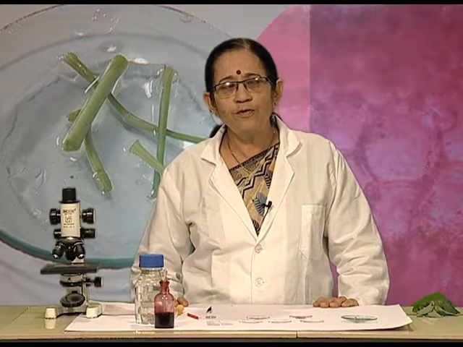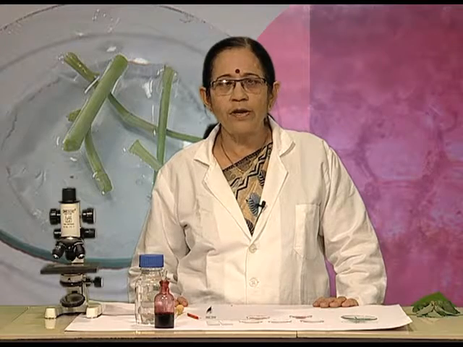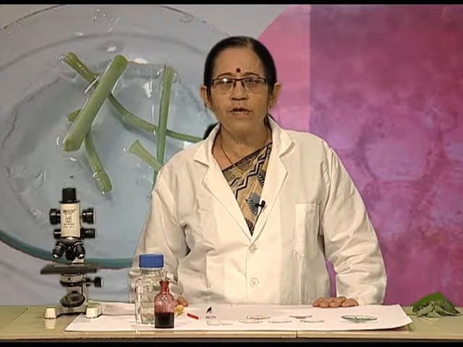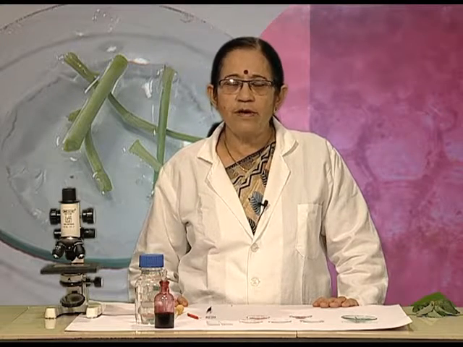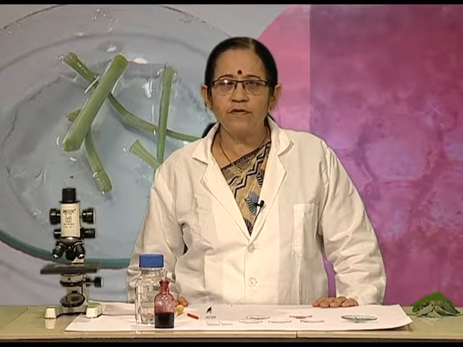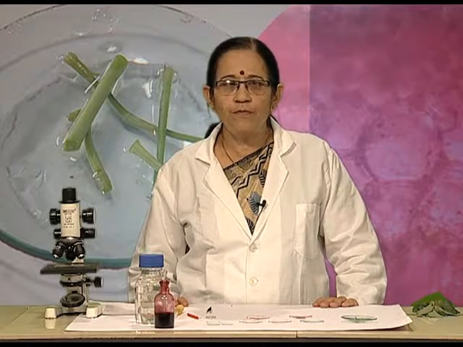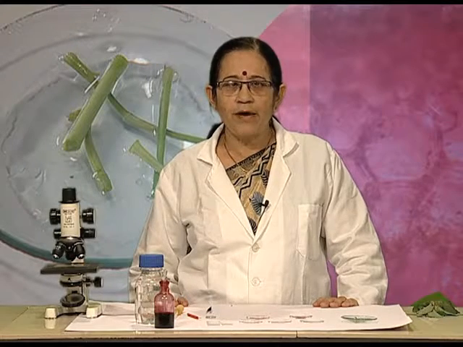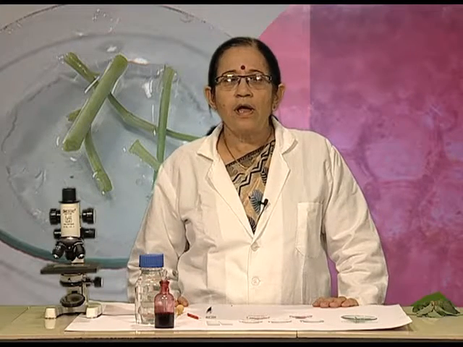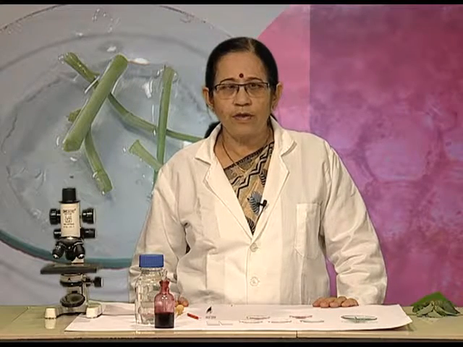So, students, today you have seen two types of tissues, one parenchyma consisting of thin walled cells and the other sclerenchyma consisting of thick walled cells. On the basis of some of the characteristics, you can compare these two types of tissues. Number 1, whether the cell wall is thick or thin.